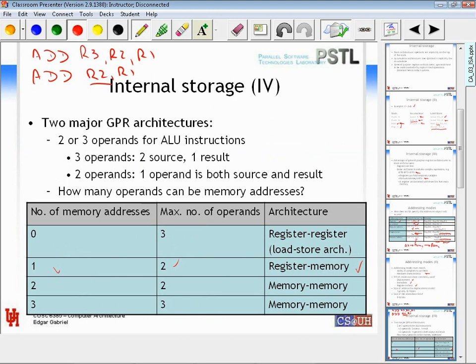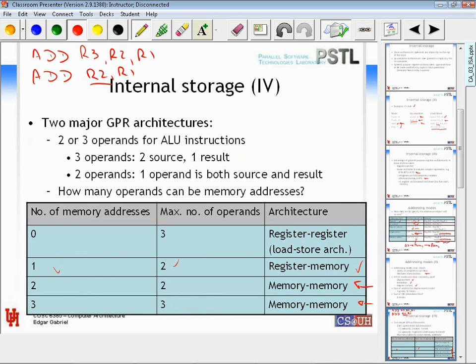The VAX architecture, which I think we've mentioned already a couple of times, had actually support for both 2 and 3 operand operations where both, respectively all operands, were allowed to contain memory addresses. I am not aware that today somebody still uses those type of operations, but they used to exist.